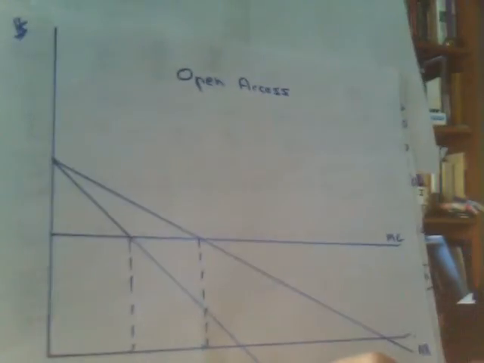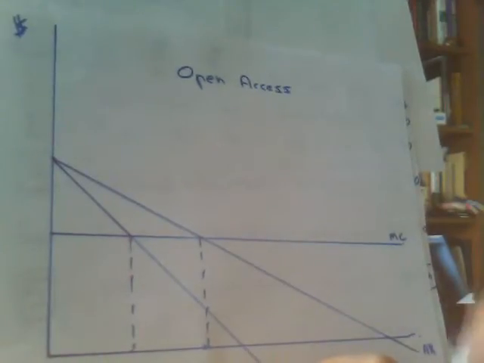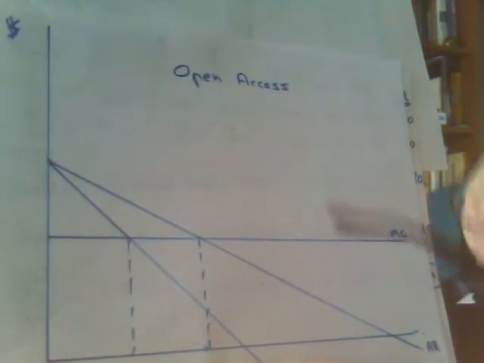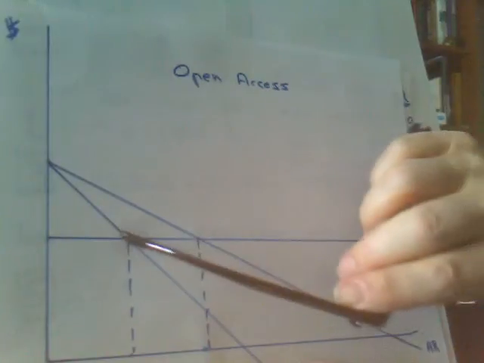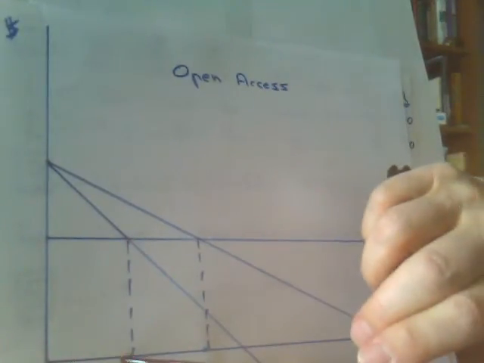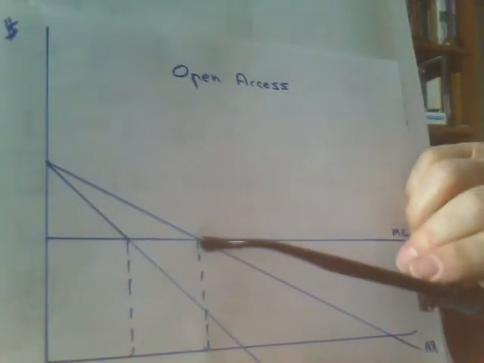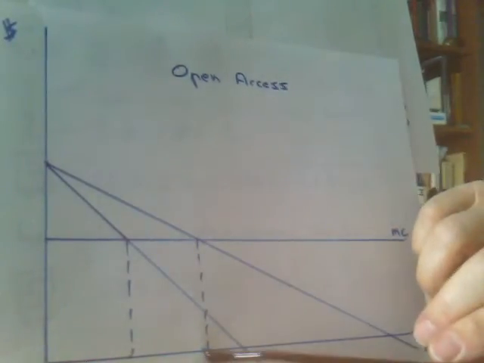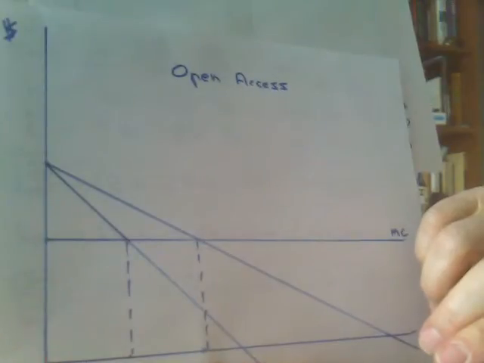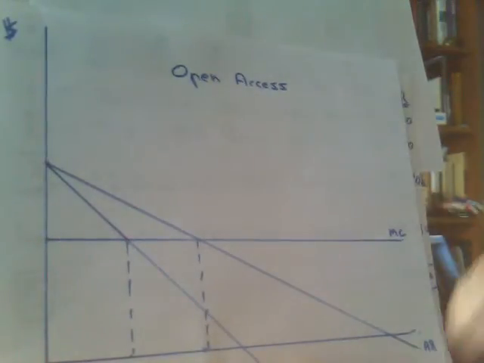So notice right now the powerful thing about this. Whenever marginal cost intersects marginal revenue, this is the 3 boats. When marginal cost intersects average revenue, it will be the 5 boats. And what is the difference?